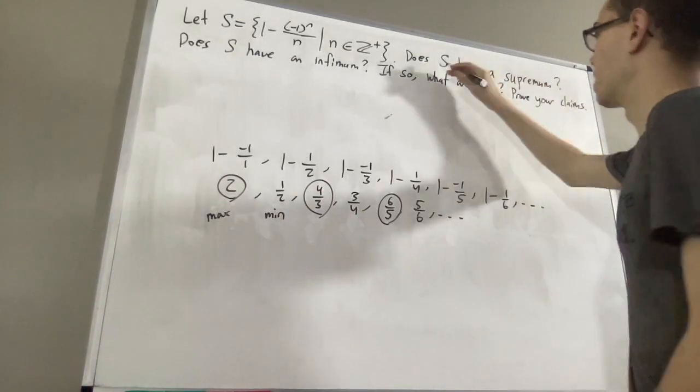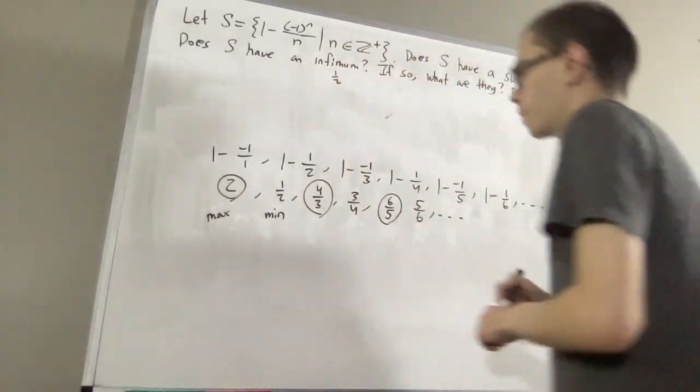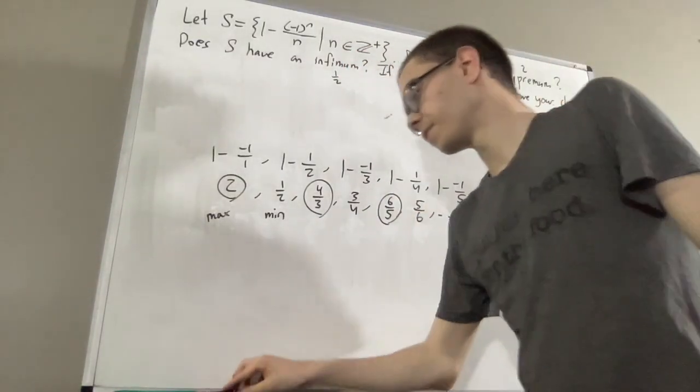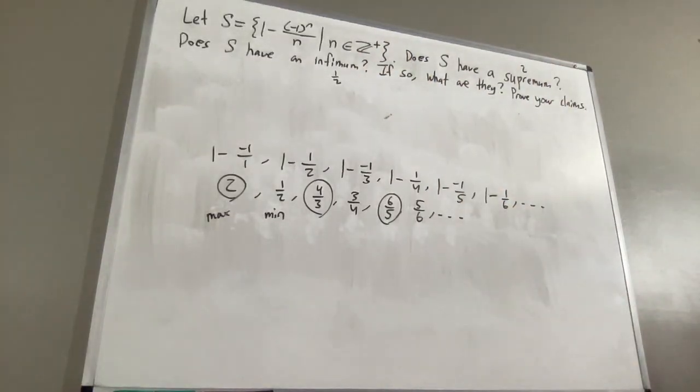So our claim is that the supremum is going to be 2, the infimum is going to be 1/2. And so we just have to prove that this is the maximum, this is the minimum in order to show that.